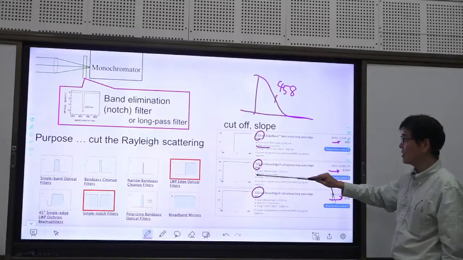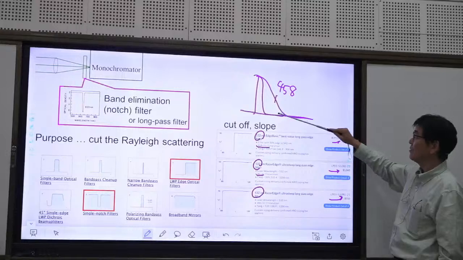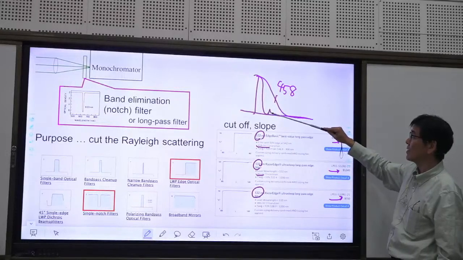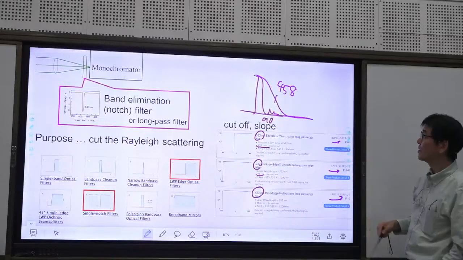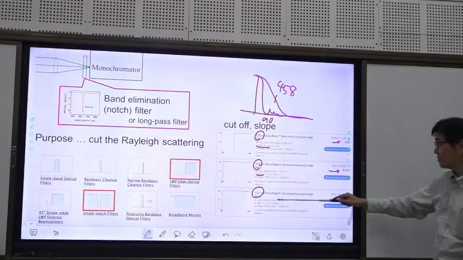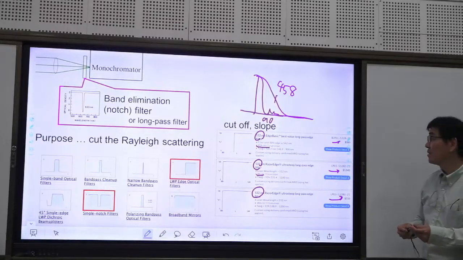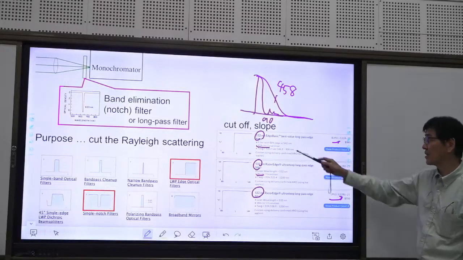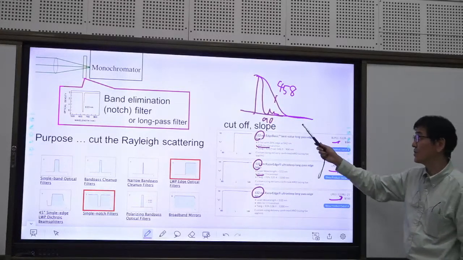In this case, this is 90. It's much better. We can detect Raman lines in this region. This is 186 and the price is moderate. Okay, so checkpoint is cut off wavelength when you choose a filter.